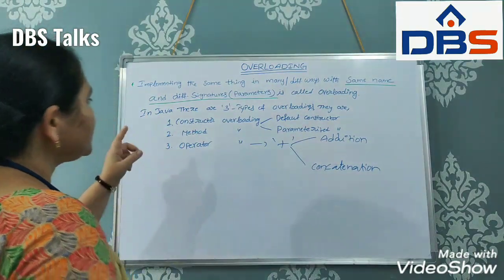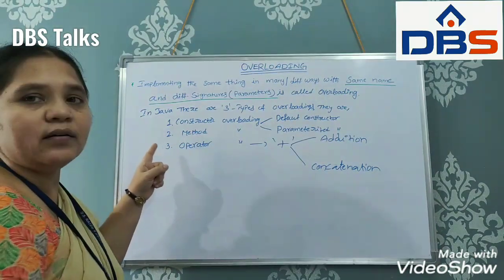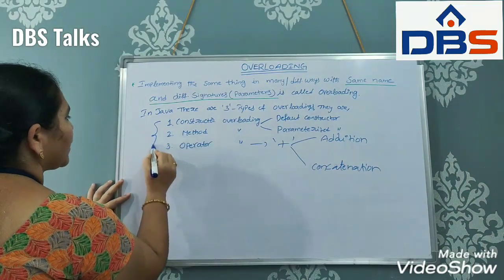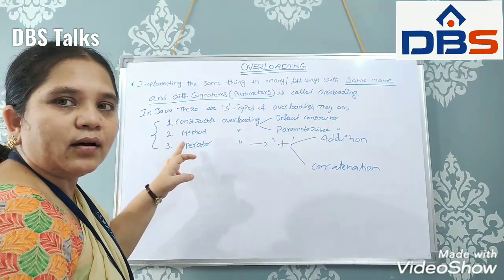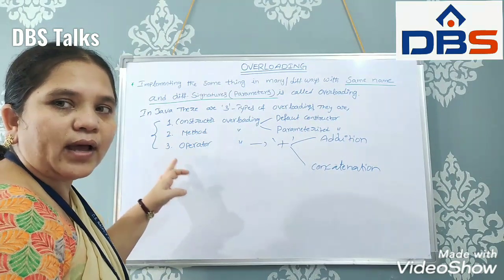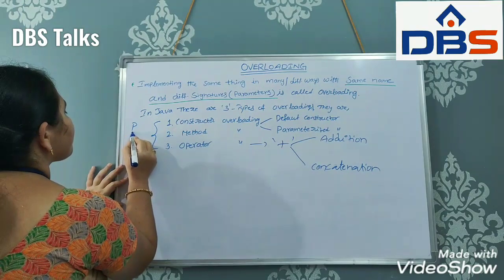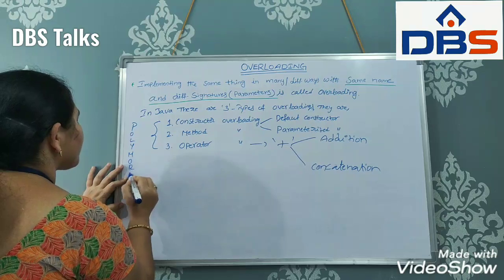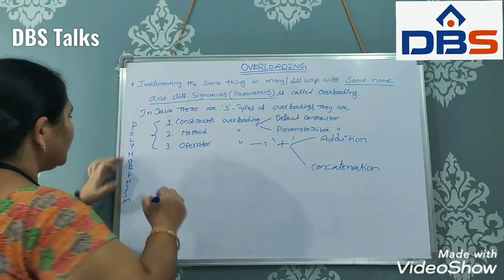Now all these types of overloading together are called polymorphism.